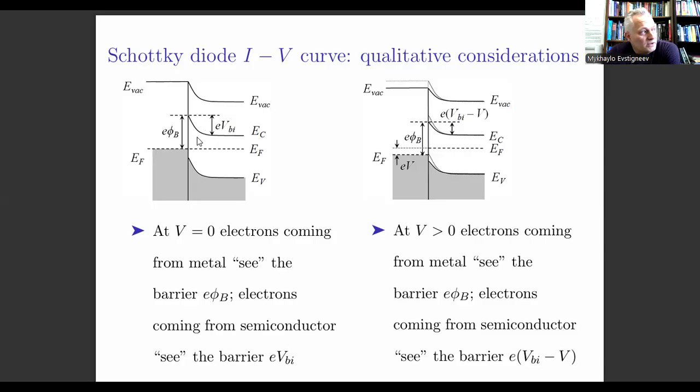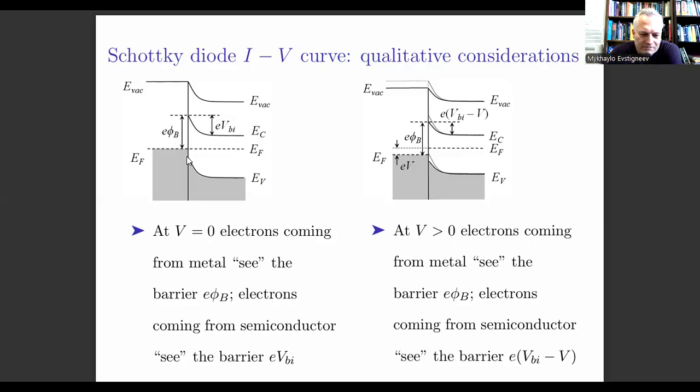Also, the band bending of the semiconductor, so the semiconductor bands are bent up, which means that there is a depletion region. The characteristic trait of a metal semiconductor diode is that the semiconductor must have a depletion region at zero applied voltage. So there is a depletion region formed in the semiconductor when no voltage is applied. You see the Fermi energy at the interface right here is actually a little bit closer.